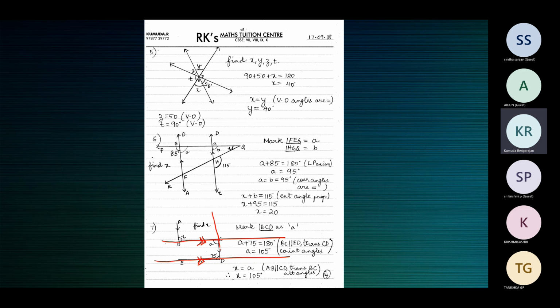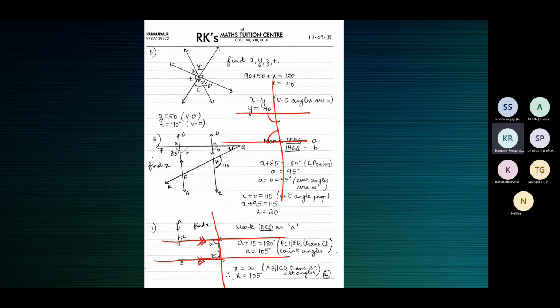And CD is the transversal. So parallel lines, transversal. What are these angles? They are co-interior angles. Both of them are interior angles and they lie on the same side of the transversal. So they are called co-interior angles.